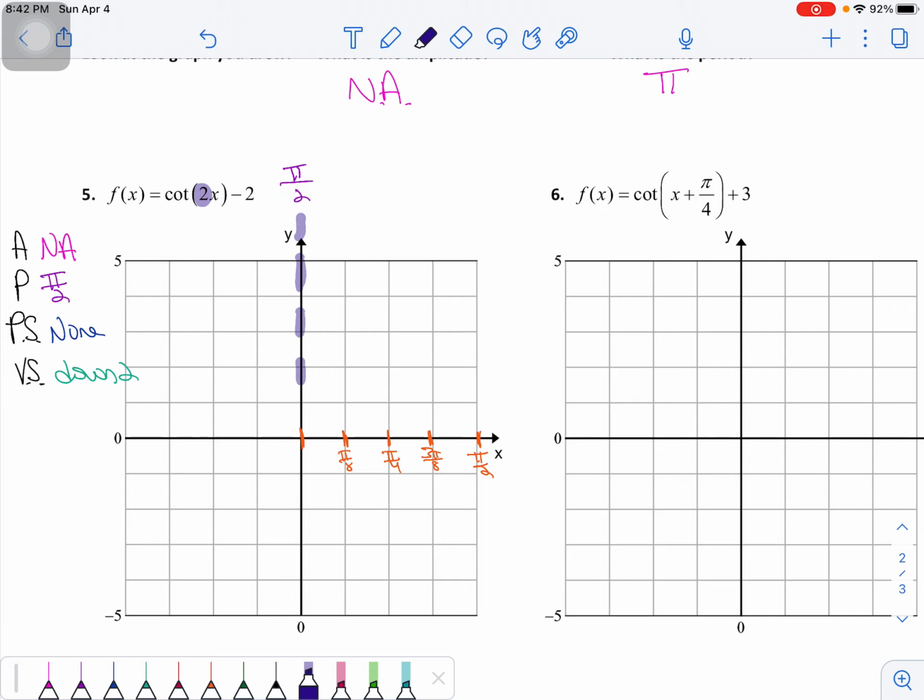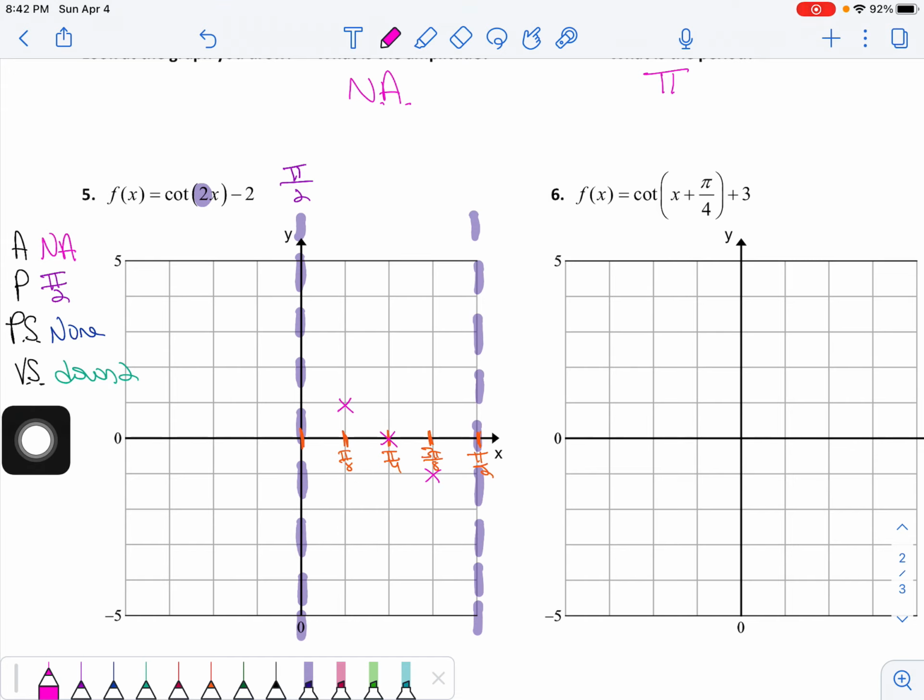We're going to start and end with a vertical asymptote. So start at 0, end at pi over 2 with a vertical asymptote. And now I'm going to do a little X marks the spot. Normally cotangent is a decreasing function. So you'll notice I started with +1, 0, -1. So it's decreasing from left to right.